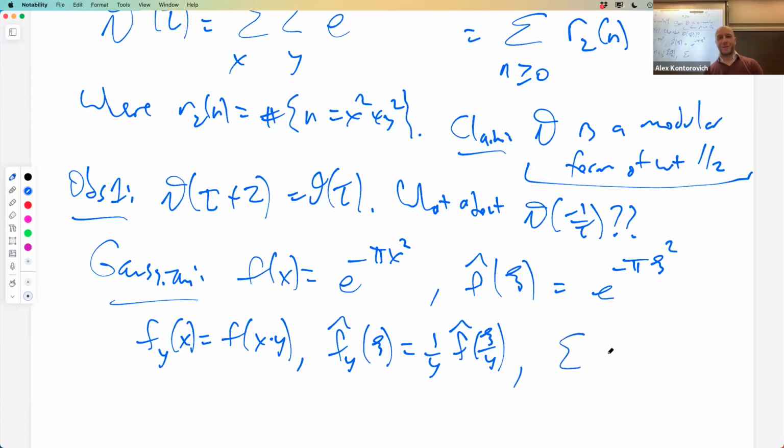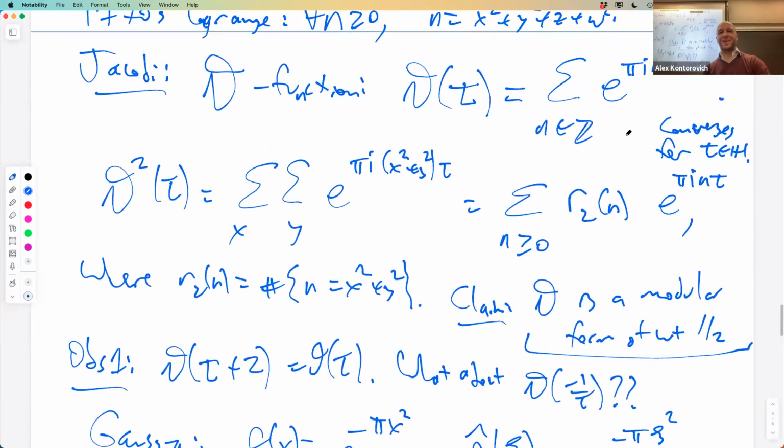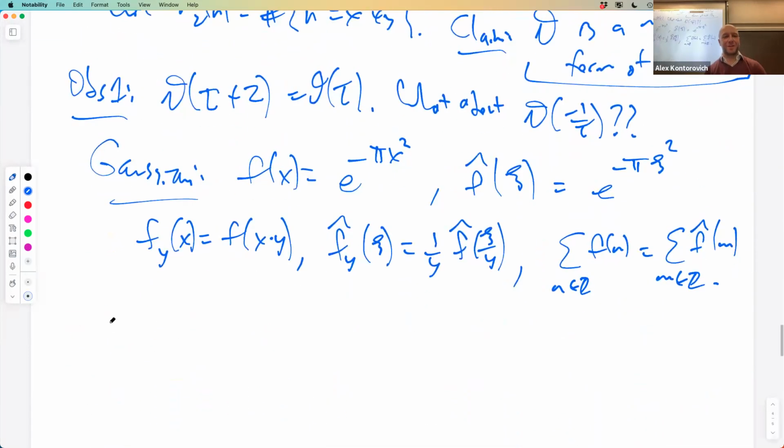And let me remind you of Poisson summation, as we already discussed. The sum of f of n is equal to a sum of f hat of m. Okay, those three things mean it'll be very easy for us to work out what theta of -1 over tau is, because what is it? Let me write this theta function again. Theta of tau is the sum over n in Z of e to the pi i n squared tau.